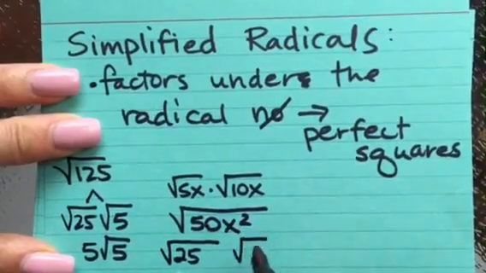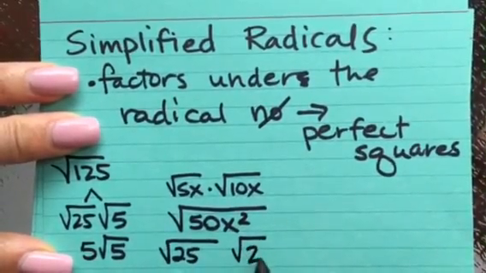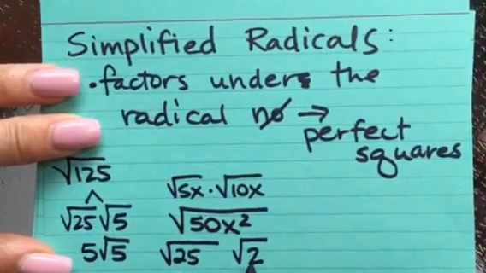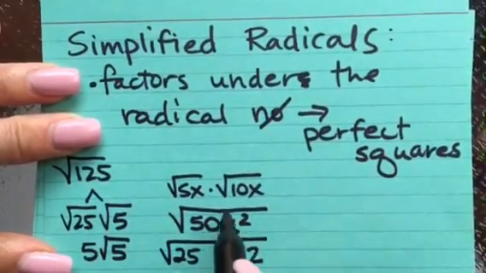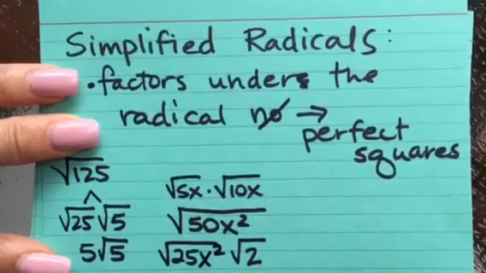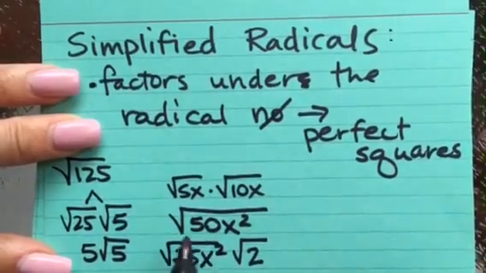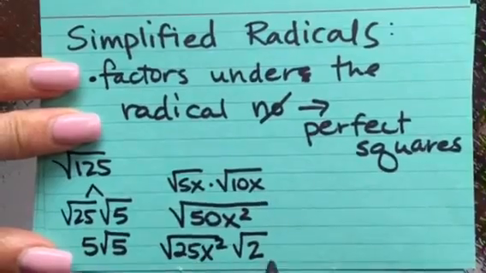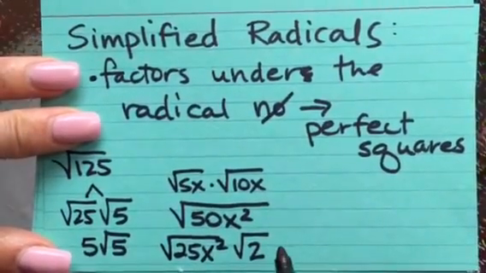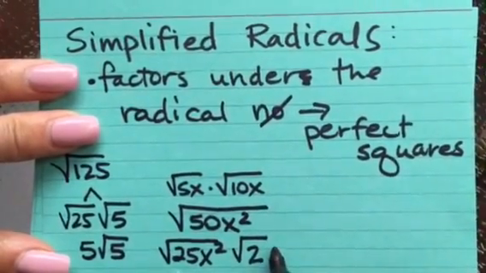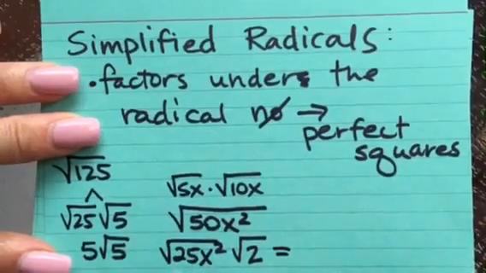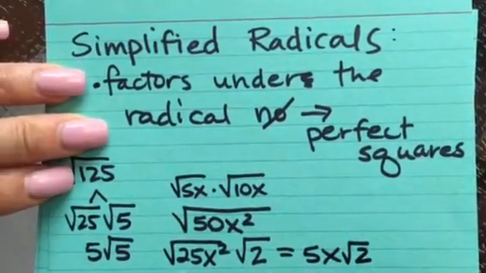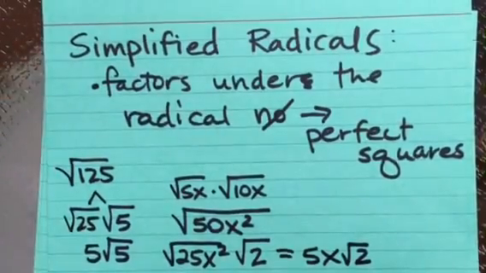And 25 times 2 is the other factor that goes with 25 to make the 50. This is not a perfect square, this is. And x squared is a perfect square. So this is the radical that contains everything that is factors that are perfect squares, and here's the radical that contains no perfect squares. So now let's take everything that's a perfect square out of the radical, and we end up with 5x times the square root of 2, and that would be our solution.